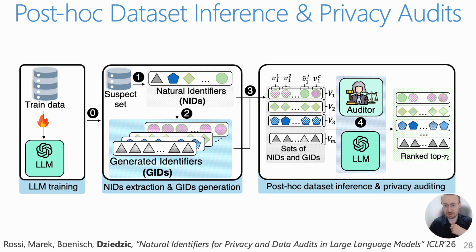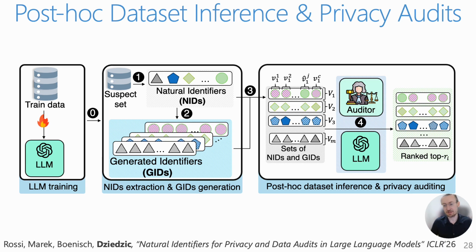So how can you think about that? If we have this NID being an SSH key, and the LLM in this case was highly influenced by the SSH key, then we can basically see as an auditor from the rank that probably this specific natural identifier, my SSH key, was actually in the model's training set. So the rank is consistently very low for my specific identifiers.